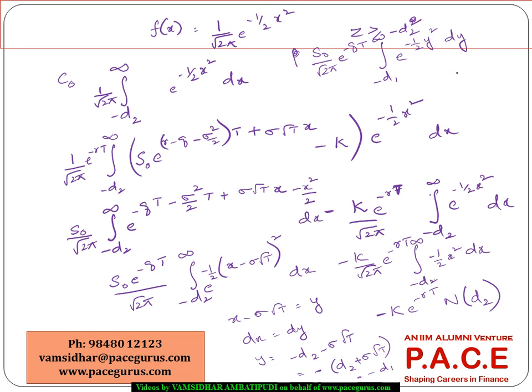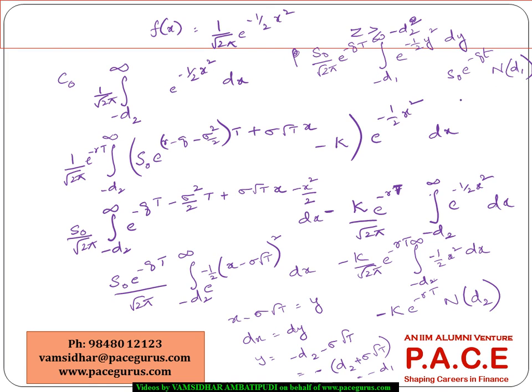This is again S naught e to the power of minus qt times N of minus d1 to infinity, which is nothing but from minus infinity to d1, both are one and the same, so I can very well write it as N of d1.